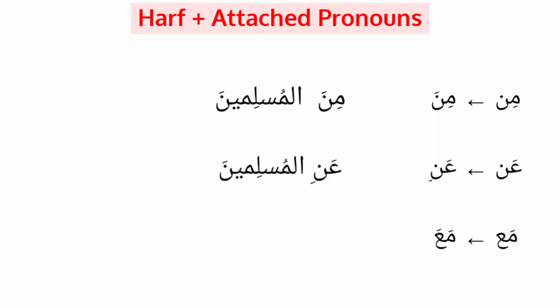Anil, now you can ask, why not anal muslimin? Why anil, why not anal? Each harf has its own choice. So an chose to be friends with kasra, so he said okay, I'll take kasra.